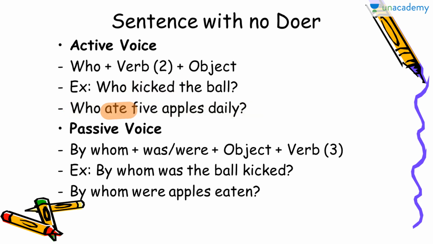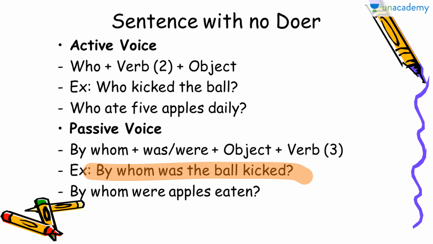In passive voice, the sentence will start with by whom, followed by was or were according to the number of the object. Then the object over here will come first, then the verb third form, and that is all. So the examples we have over here: by whom was the ball kicked?